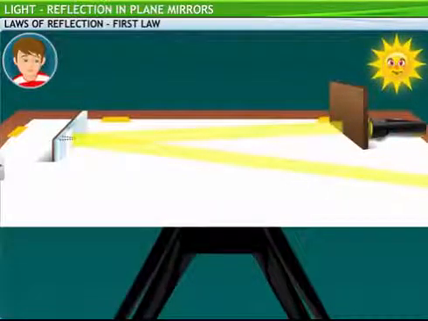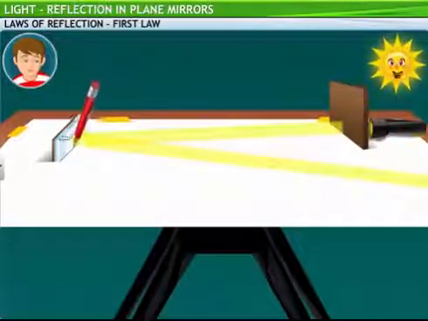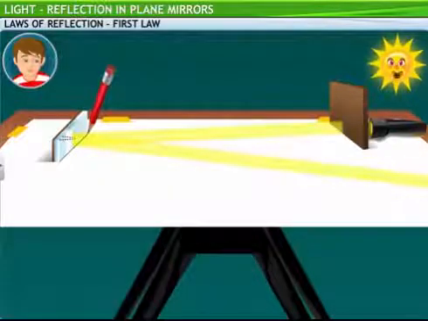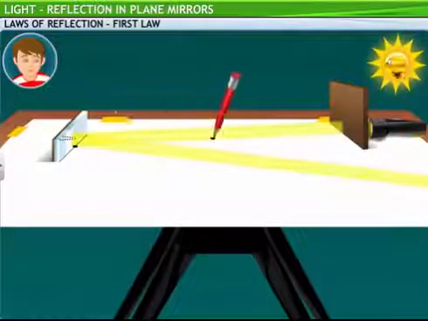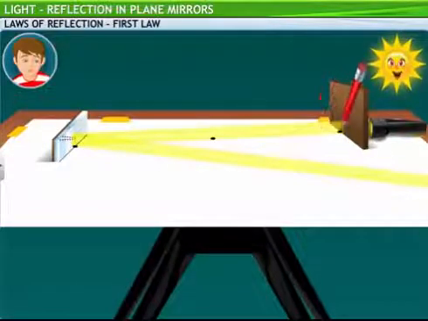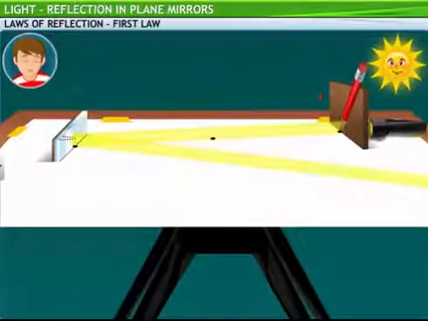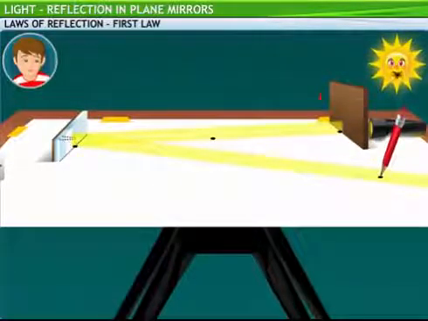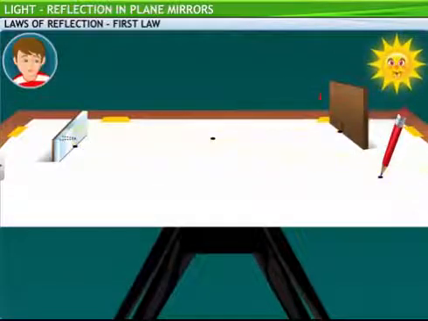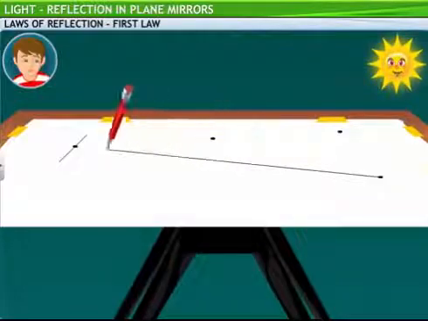Now, we draw a line on the paper along the mirror to mark its position. We mark some points on the path of the incident ray from the torch to the mirror. Similarly, we mark the path of the reflected ray. Now, let's remove the torch, cardboard, and mirror and join the points.